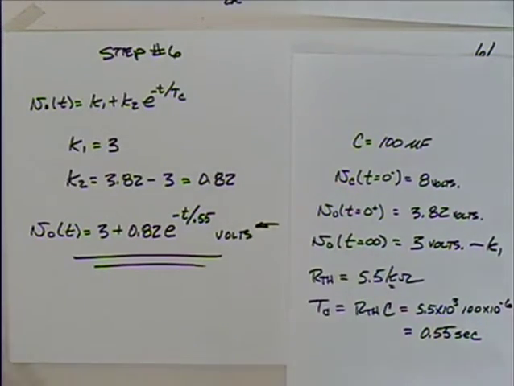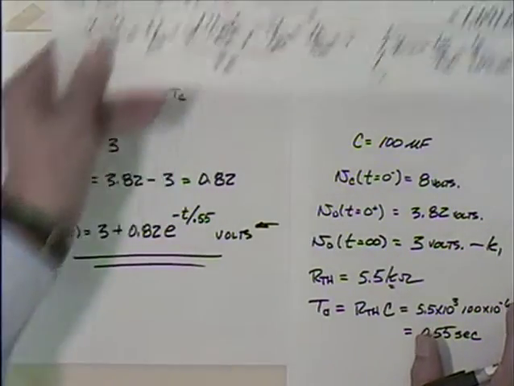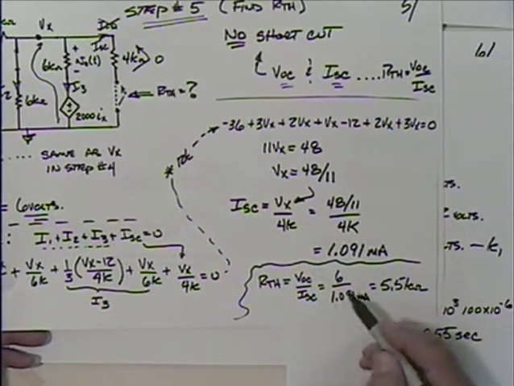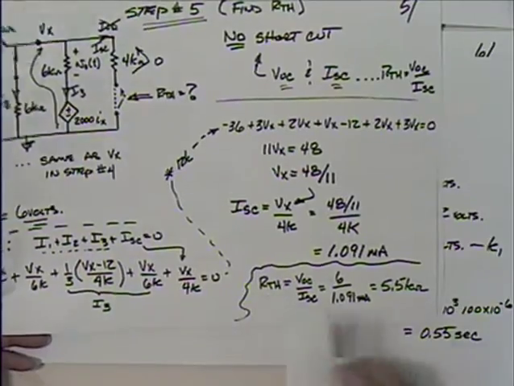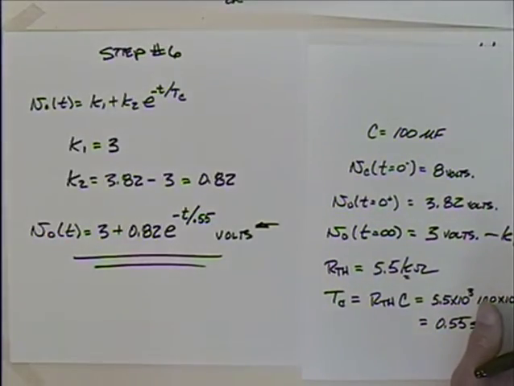Okay, so 3 plus 0.82 e to the minus t over 0.55 volts. So that's pretty good. One thing I forgot to mention as we were working on R Thevenin, it was nice to know that these are both positive. If one's positive and one's negative, you can't have a negative resistance, so that's good news there. And I think we can have some confidence in our answers here and be happy with this.